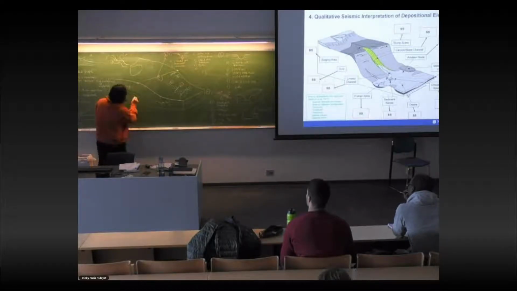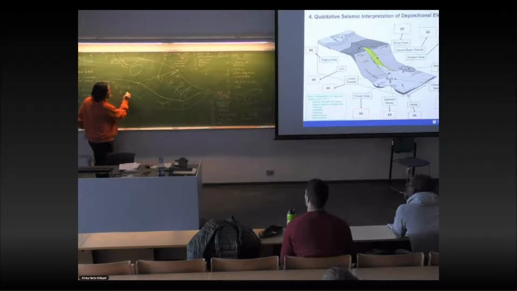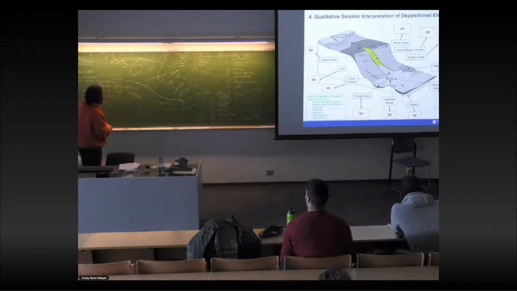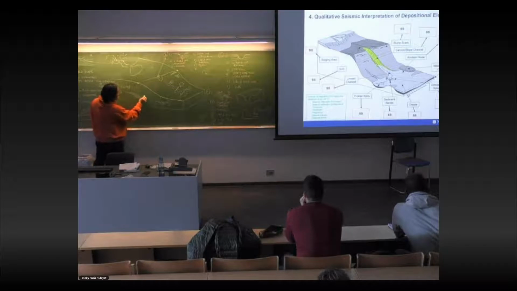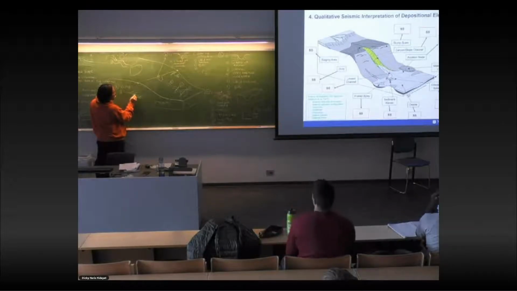So this is the shelf edge, and this is the slope. So you have this slump deposit like this, and then usually in the slump you will have something like this. And then the internal configuration will be this chaotic below, and in the upper part sometimes you can see a layer.